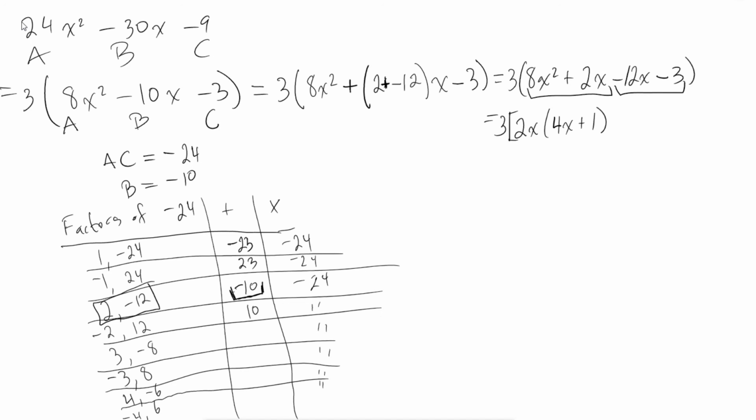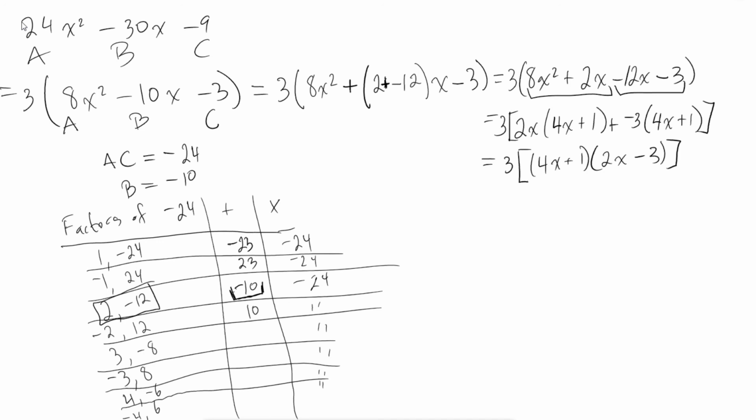I can factor out a negative 3. So I will say plus negative 3. Negative 12x divided by negative 3 gives me positive 4x. Negative 3 divided by negative 3 gives me positive 1. So this is the same as 3 multiplied by 4x plus 1 multiplied by 2x minus 3.